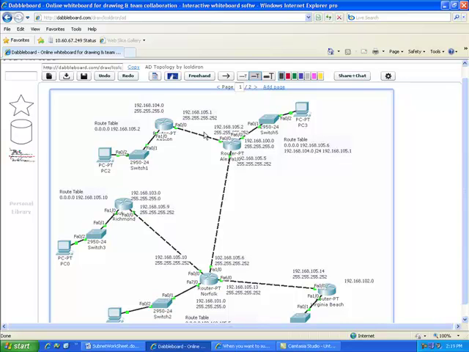So we would need 2 IP addresses between each of the 5 routers, 1, 2, 3, 4 connections between them. If we weren't able to subnet, we'd have to use an entire Class C network, which is the smallest that we get, in order to connect these networks together.